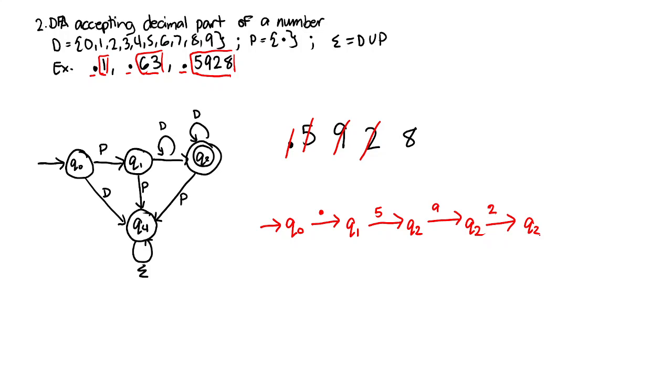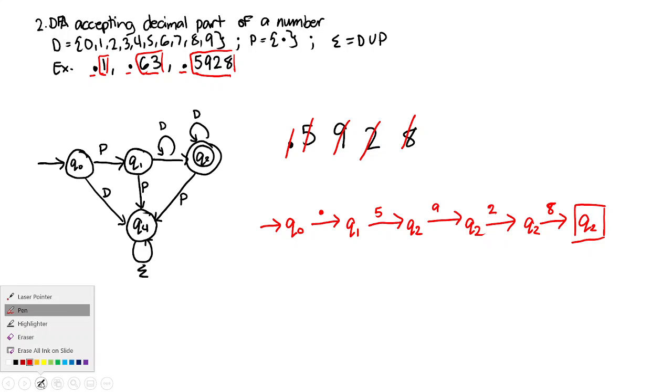Next symbol to read is 8. Since we are in Q2 and it sees 8, it goes back to Q2 because 8 is part of D. D is our digit symbols. Therefore, the ending state is Q2. Then, if you can notice, Q2 is a final state. Therefore, our string is accepted.